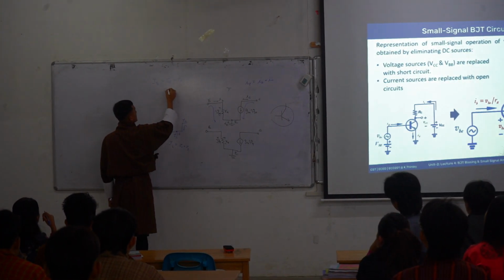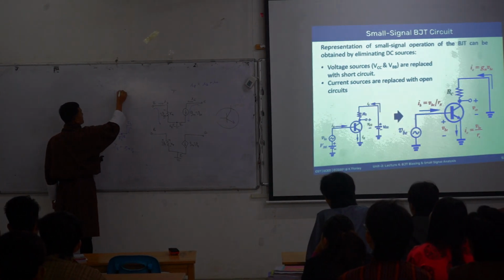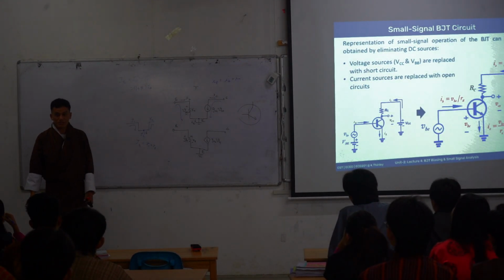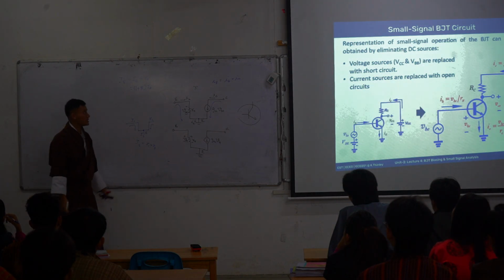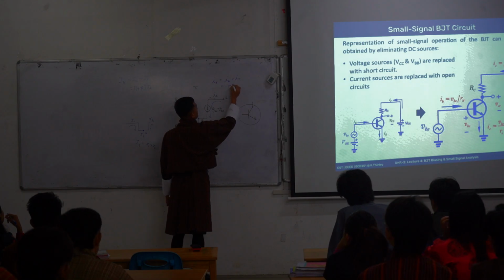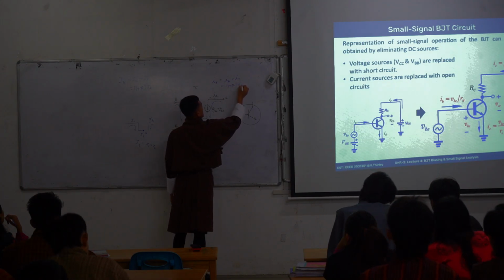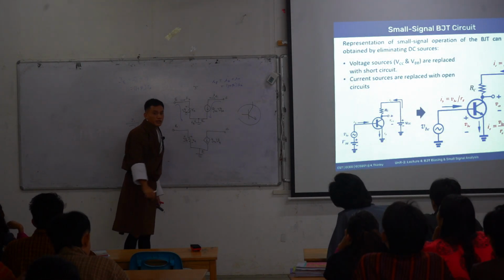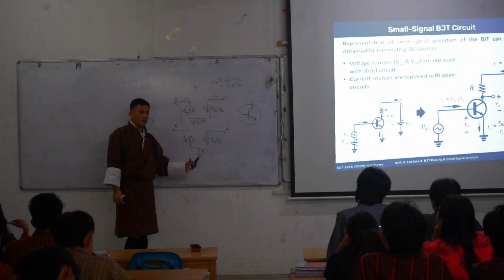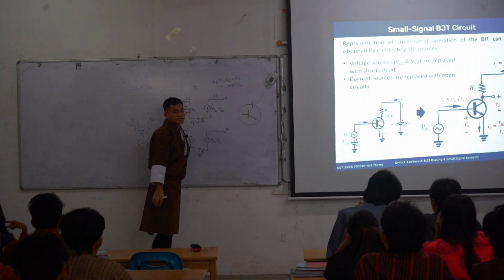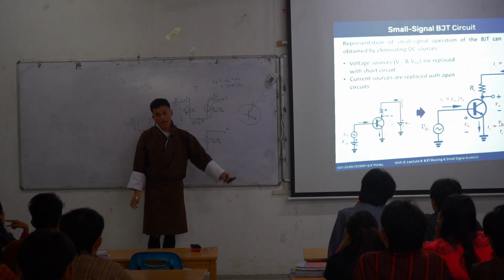So here you can also write ie is equal to 1 plus beta times ib, through DC analysis. That means the current flowing through this emitter terminal should have the magnitude 1 plus beta times ib.